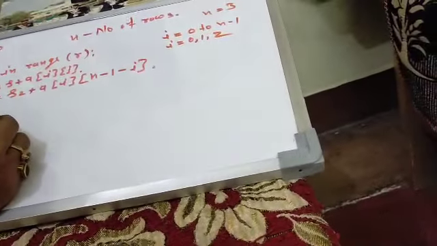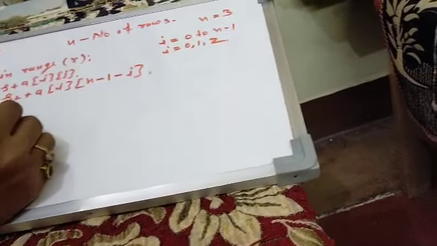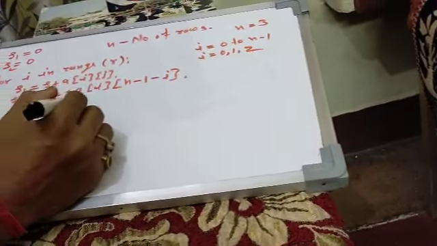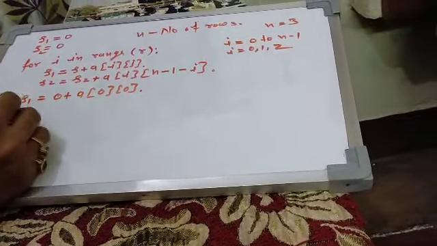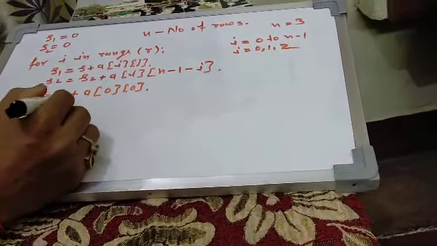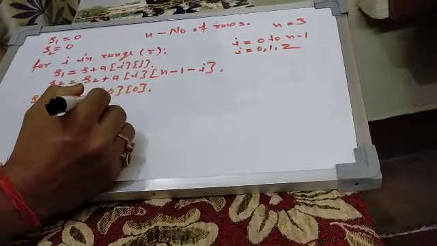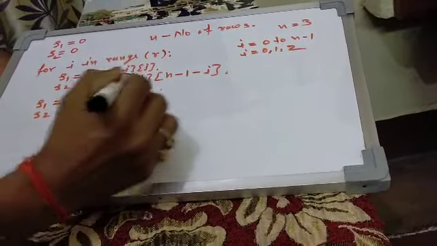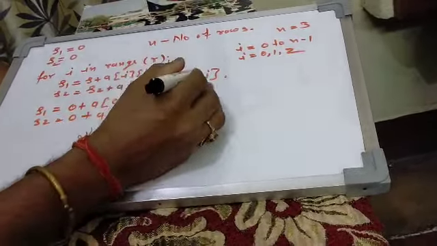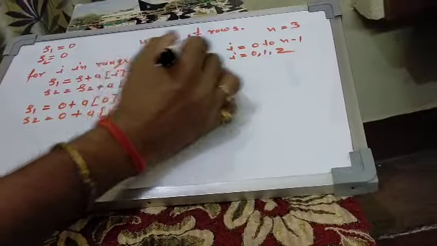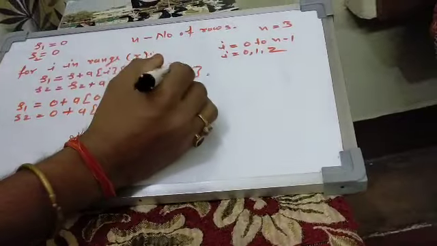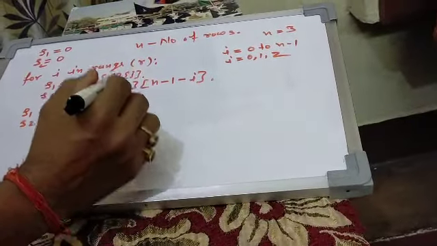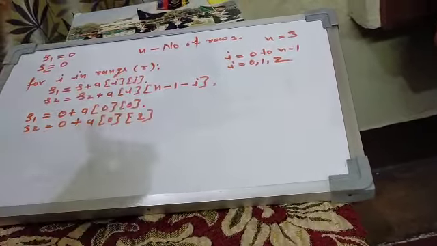S1 is equal to 0 plus A I, means 0 and 0, and S2 is equal to 0 plus A 0 and n minus 1 minus I. कितना है? 0. तो n minus 1 कितना है? 2. तो ऐसे केस में 2 minus 0 is equal to 2.